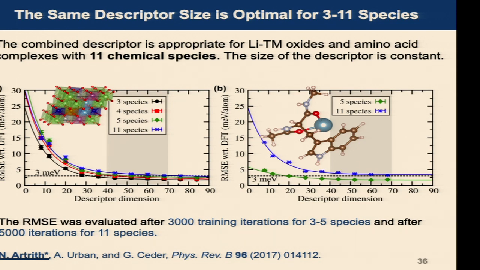We found that around 40 to 70 descriptors could already be used. But the more chemical species, the more complicated it is to evaluate. So we use a lot of iterations, like 5,000 iterations, until it converges to 3 meV per atom accuracy.